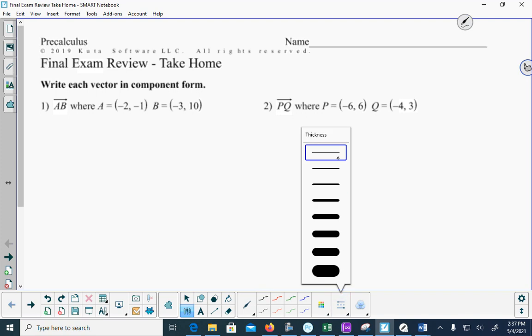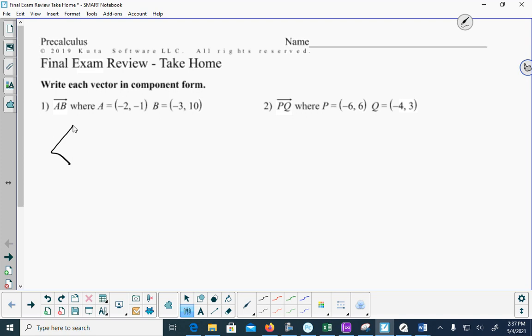To put it in component form, that's where I have the brackets. I'm going to take -3 minus the -2 and then 10 minus the -1. And when I do that, I'm going to have [-1, 11], and that's the component form for that vector.